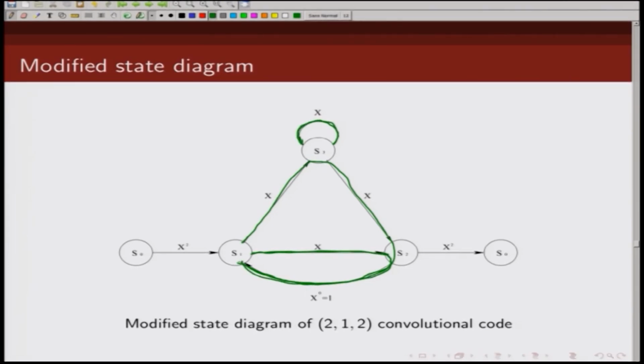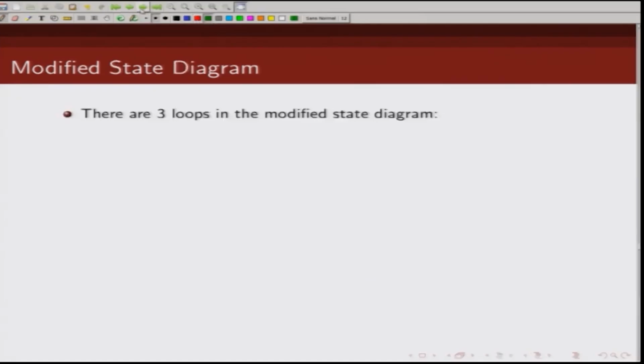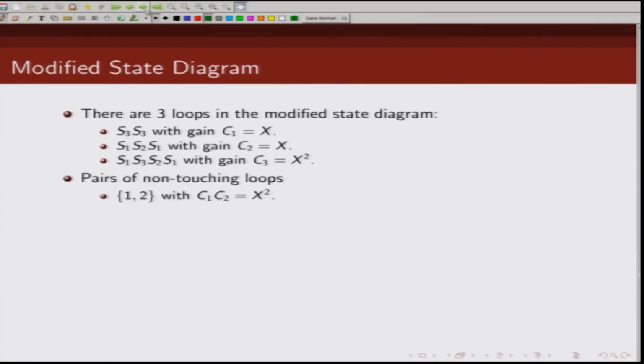This loop contains S3 and this loop contains S1 and S2. So, they do not have any state common between these 2 loops. So, the set of non-touching loops is basically this C1 and C2, and the gain corresponding to them is basically x squared. And there is no set of 3 loops which are non-touching.